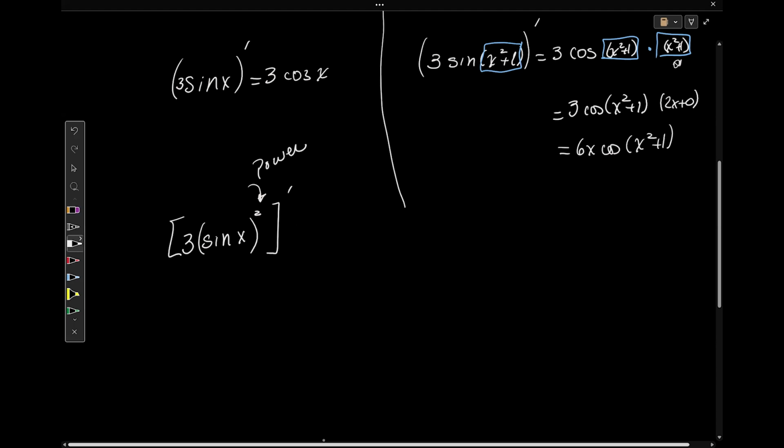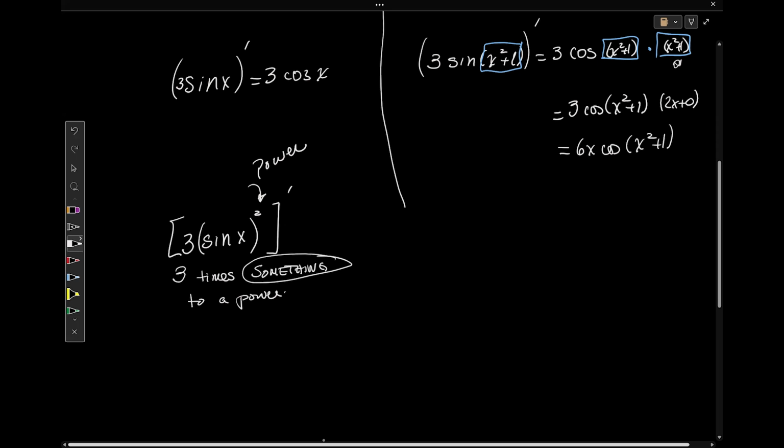We have 3 times something to a power. And I use the word something a lot because I really, at this point, do not care what that something is. It's not x.